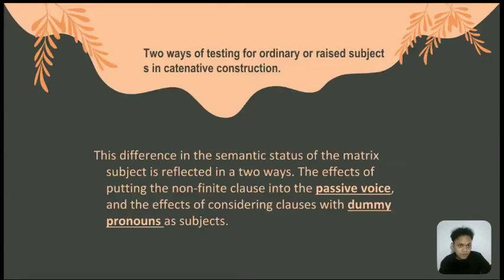Okay, next, two ways of testing for ordinary or raised subject. So it's like a method to find out whether it is an ordinary or a raised subject. So there are two methods. The first method is passive voice. Change the sentence into passive voice.